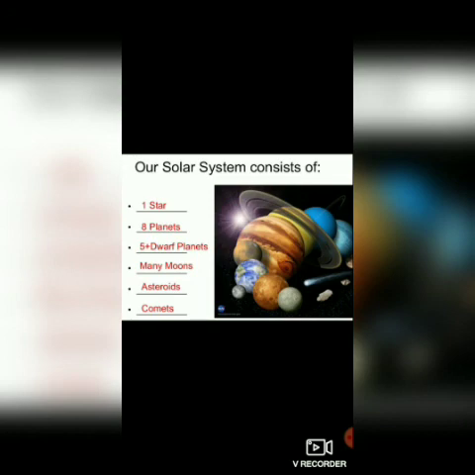It also has many dwarf planets like Pluto, many moons of the planets, and asteroids, meteoroids and comets.